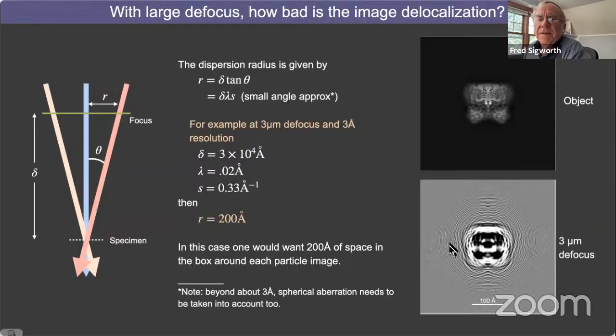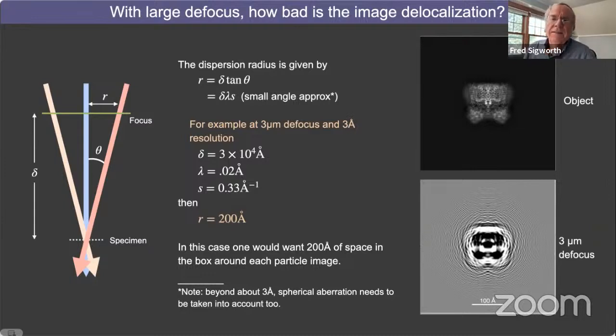This doesn't quite work. This is from the famous TRIP-V1 data set from Yifan Cheng's lab, and this is the size of the box that they used to box out their particle images. The box looks really big, but it is not quite big enough to contain all of the delocalized information at such a high level of defocus.